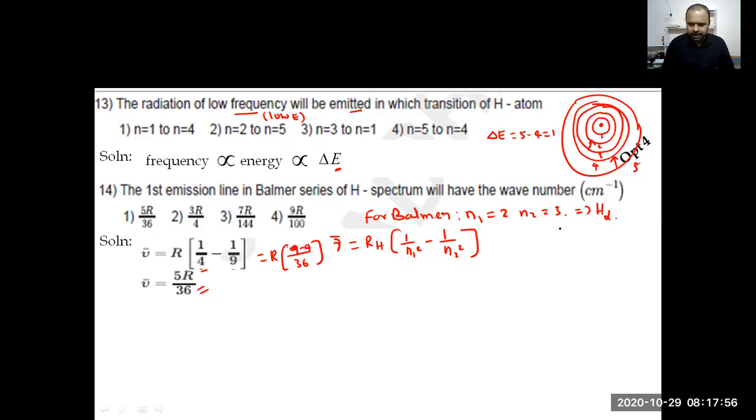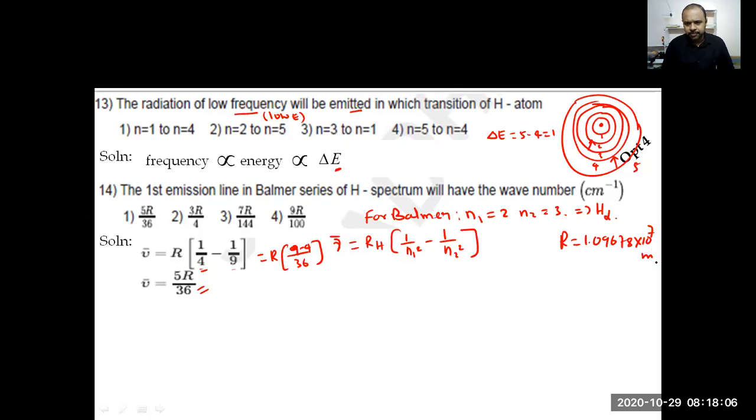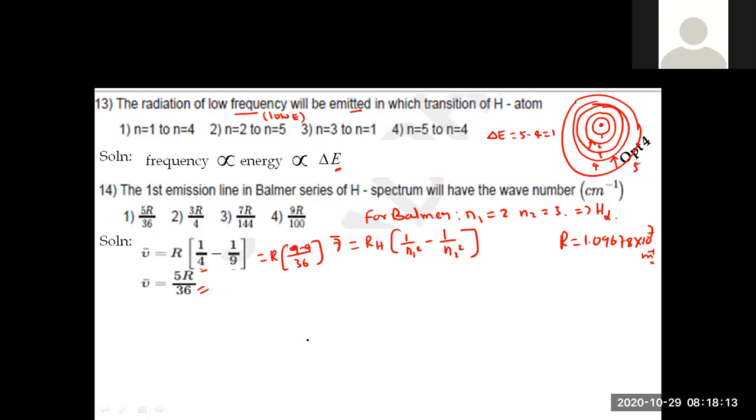Correct, exactly. The R value is 1.09678 into 10 raised to 7 per meter. Then you take that and do it. So option 1 is correct.